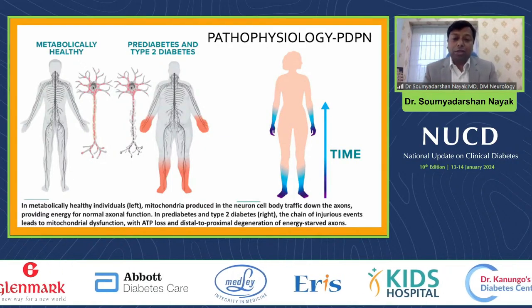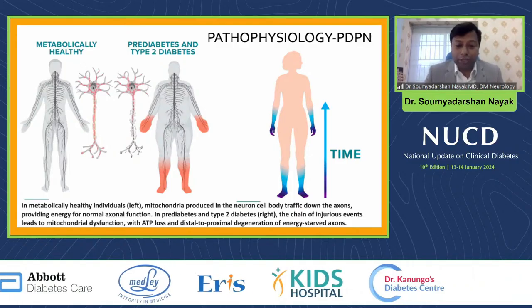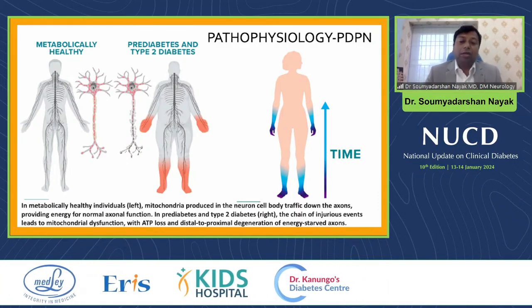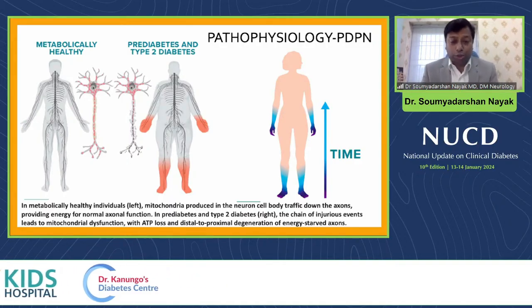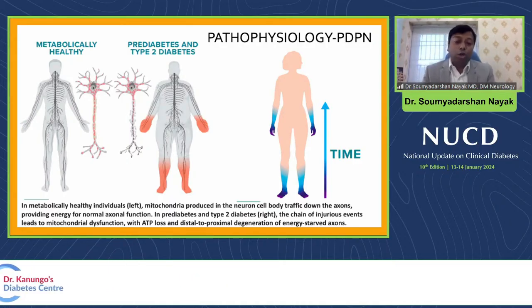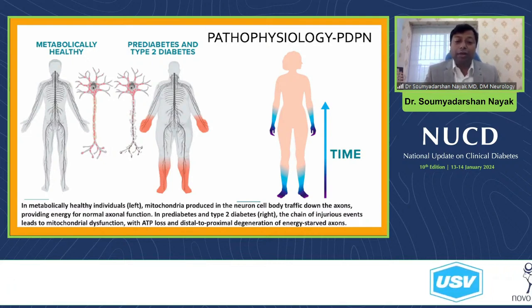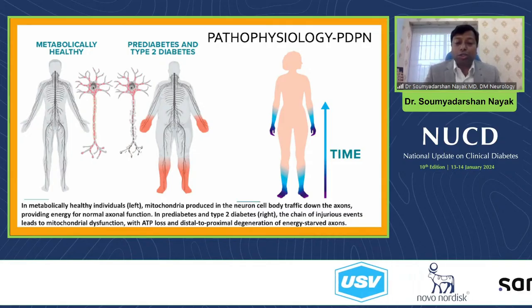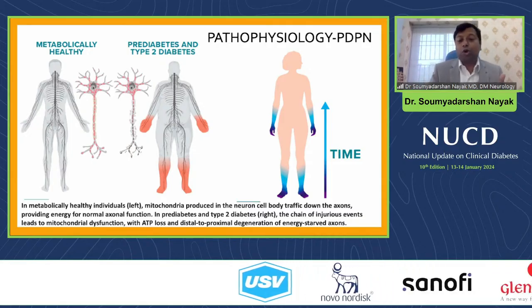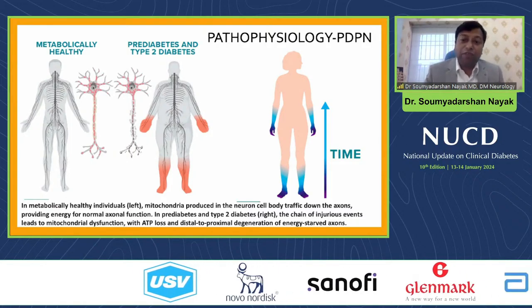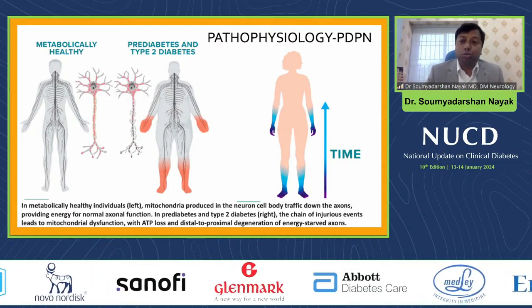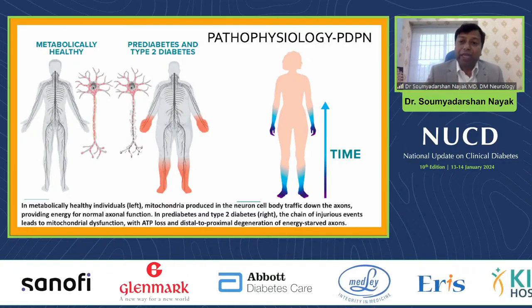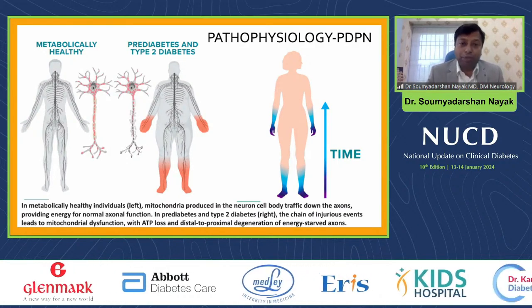As Dr. Chandan has pointed out, the traffic of energy into the axons is halted, be it derangement of mitochondrial production, dysfunction, or ATP loss, and it's a distal to proximal degeneration which follows a time-bound phenomenon, which leads to the pathophysiology of painful diabetic peripheral neuropathy.